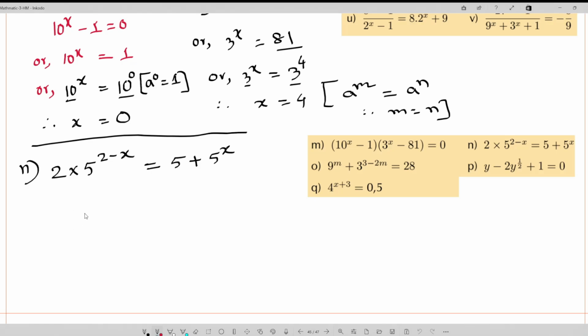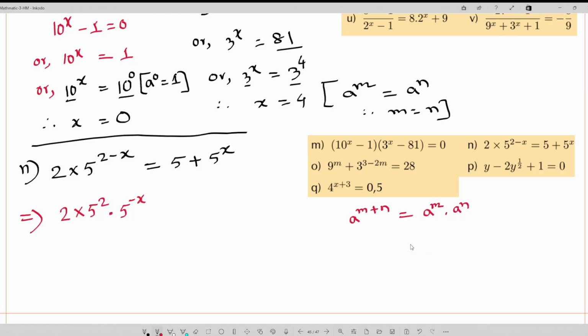N. Here is 2 times 5 to the power 2 minus x equals 5 plus 5 to the power x. It looks different from other exponential expressions. This one we can write as 2 times 5 square times 5 to the power minus x. How? We know a to the power m plus n we can write as a to the power m times a to the power n.